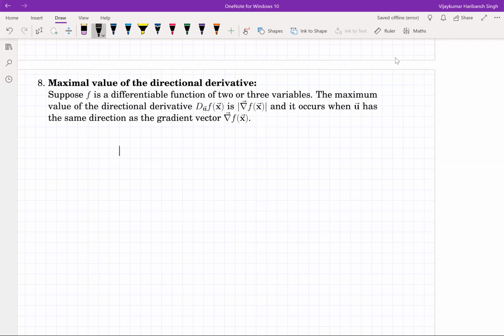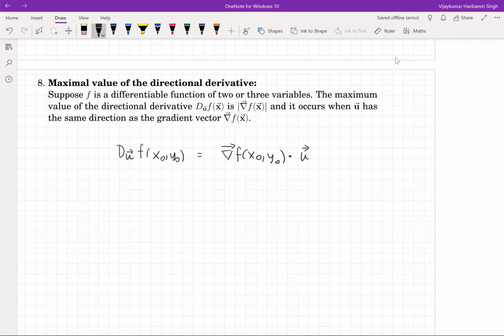D_u f evaluated at, say, let me write down the components so that things are clearer, (x naught, y naught), is simply grad of f times vector u.